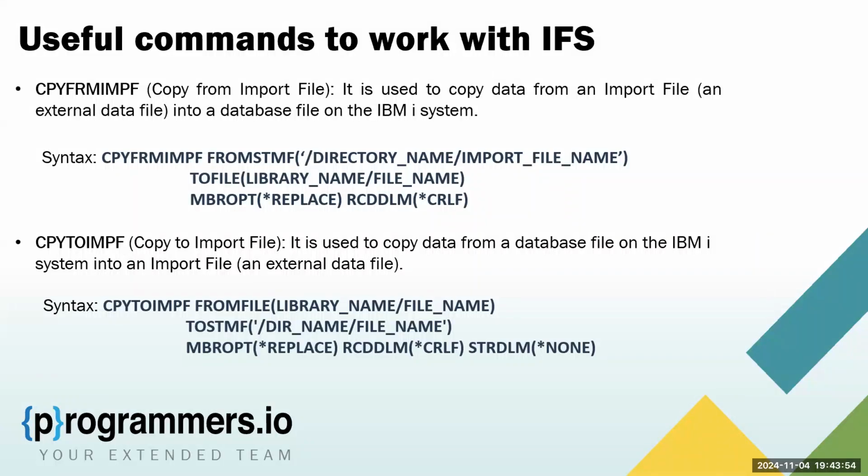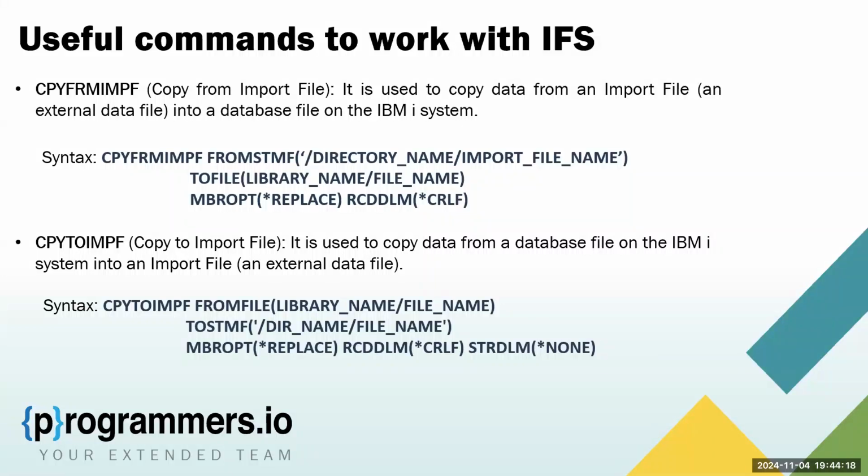The next option is the MBROPT parameter, which is the member option parameter. What it does is, if your to file has some existing data and it needs to be replaced, we can mention star replace. Otherwise, there is one more parameter, star add.